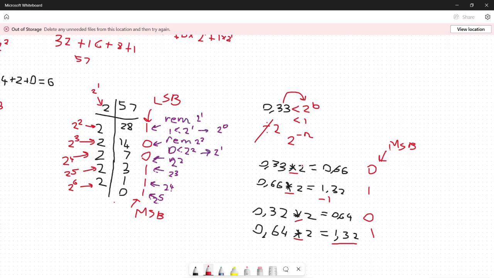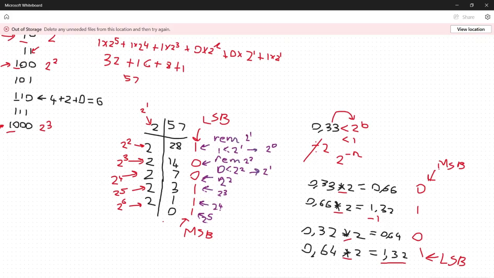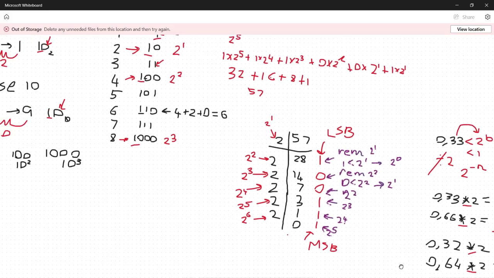So now we are multiplying instead of dividing, so our MSB will now swap places, and this becomes our LSB. Okay. And that's basically the basics of conversion done.